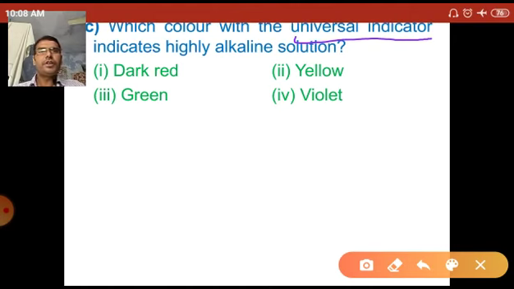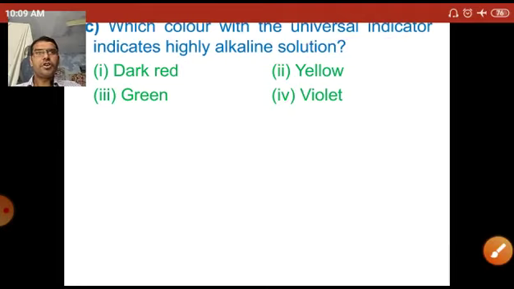So universal indicator which indicates highly alkaline solution generally gives the violet color. So violet color appears when universal indicator is added to highly alkaline solutions.